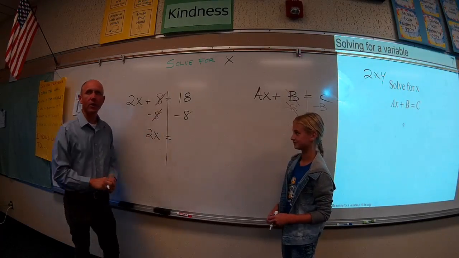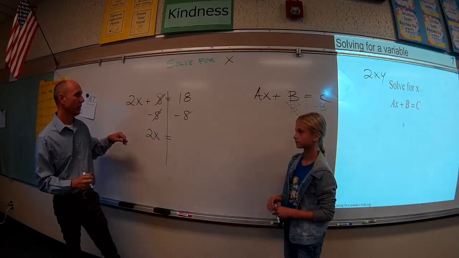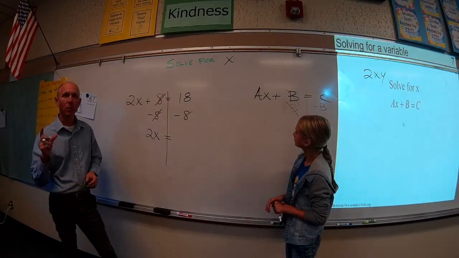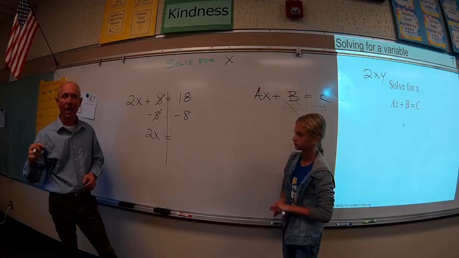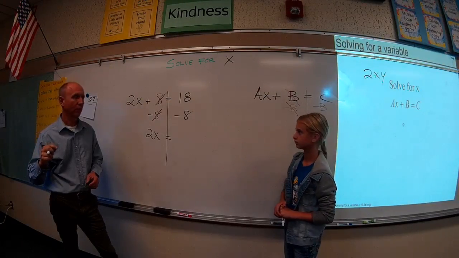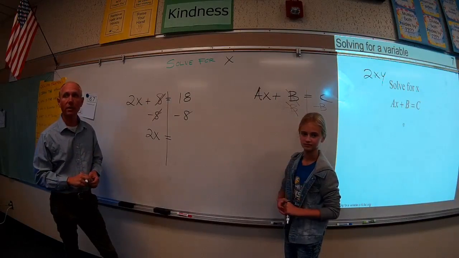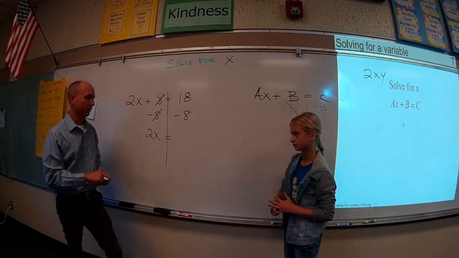Before I write that 10, will you explain exactly what, read it to me again. 2x equals what? Before that 10, something happened. I want you to verbalize what happened. Subtracted 8 from 18 and got 10. Okay, so say it. So 2x is equal to 18 minus 8, which equals 10.